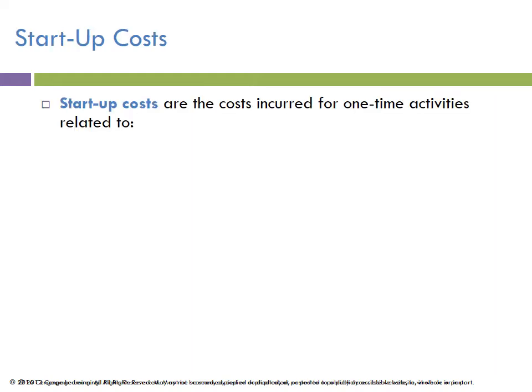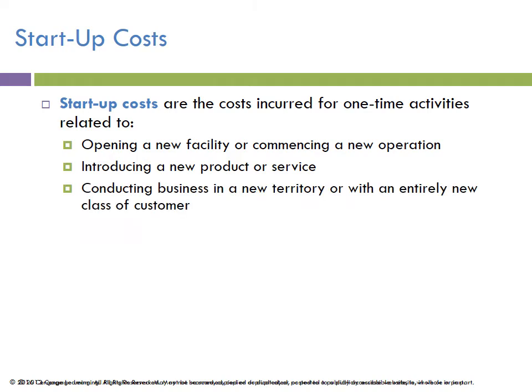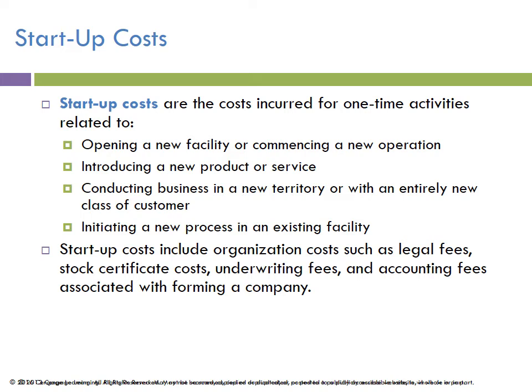Another type of, quote, intangible asset are startup costs. These are costs incurred for one-time activities that are related to opening a new facility or commencing a new operation, introducing a new product or service, conducting business in a new territory, or initiating a new process in an existing facility.